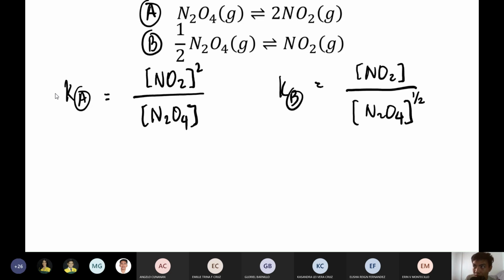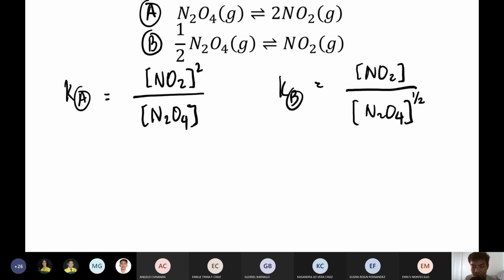Square root nyo yung K. Kunin natin square root niyan. So, pag square root mo yan, NO2 squared, square root mo yan, anong matitira? NO2 na lang. N2O4 squared, ano yung matitira doon? Raised to 1/2. Okay? So, basically, if you divide your equation by 2, the K becomes the square root of the original.